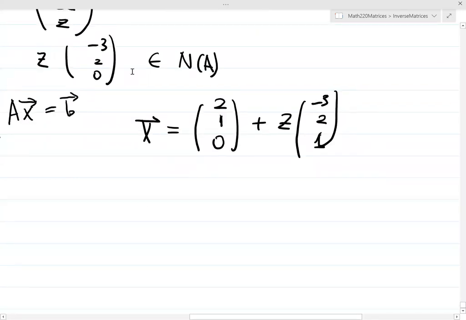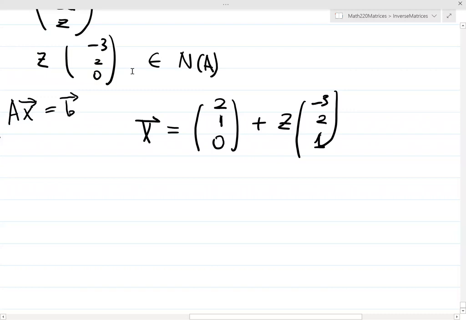Okay, now we talk about a special case. The solution is related to the dimension of the null space, and the dimension of the null space is related to the rank of the column space, the number of columns.